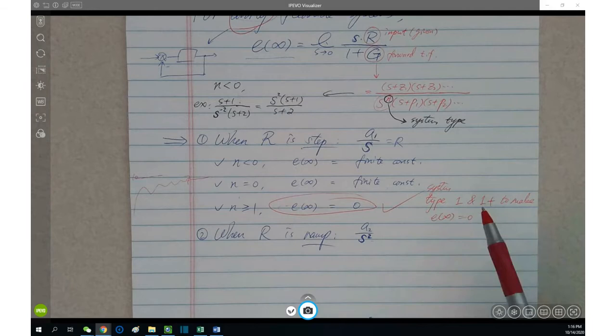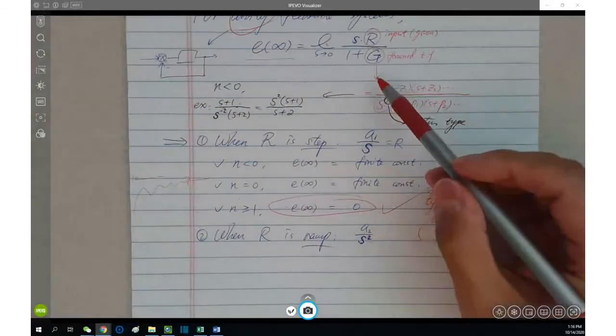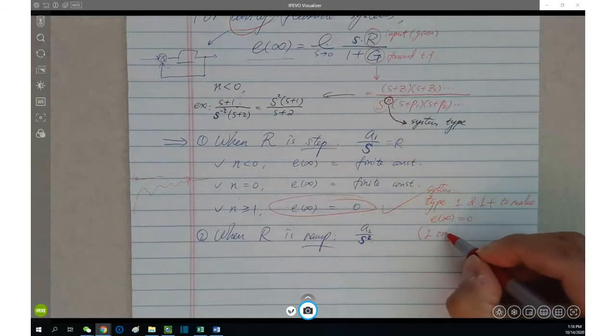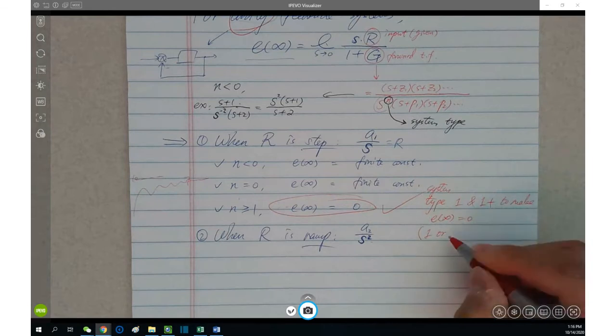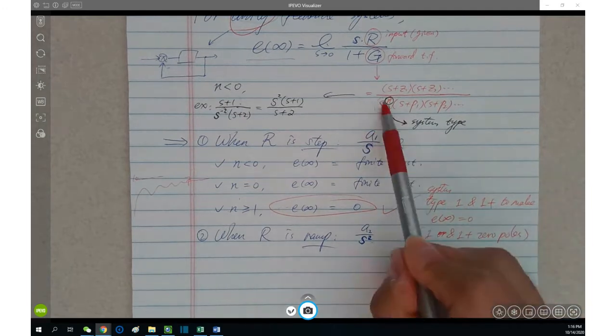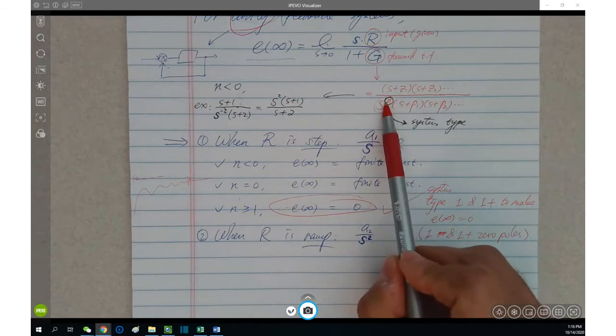And system type 1 and 1 plus also means what, according to the definition here? 1 and 1 plus 0 poles. Does it make sense? If n here is equal to 1, that's system type 1, and you have 1 zero pole.